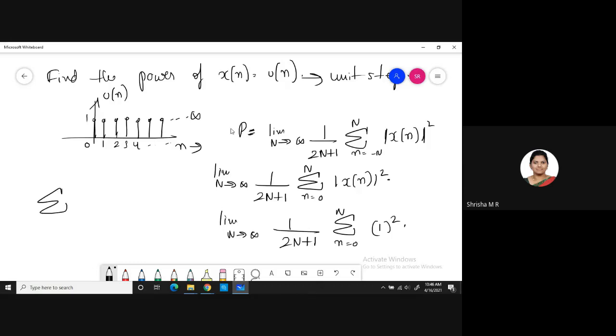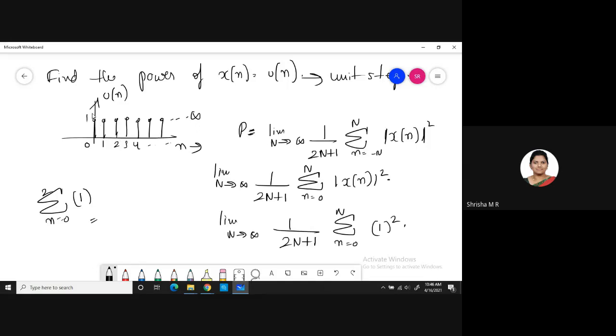So if I take summation n is equal to 0 to 2 of 1, what will you get? That means the signal is existing from 0 to 2: 0, 1, 2, right? So what do you get?